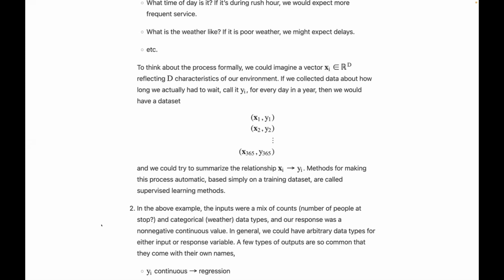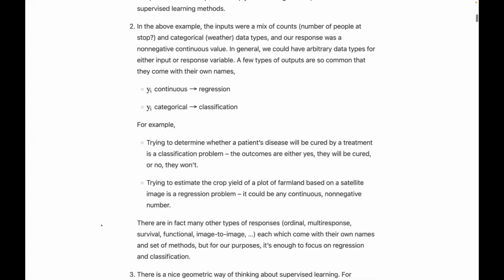Now, this is pretty general, and a common distinction worth making is the different kinds of inputs and outputs. What is the data type? The response could be any real number, in which case it is continuous.